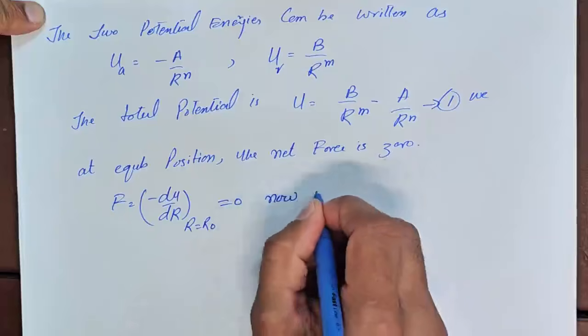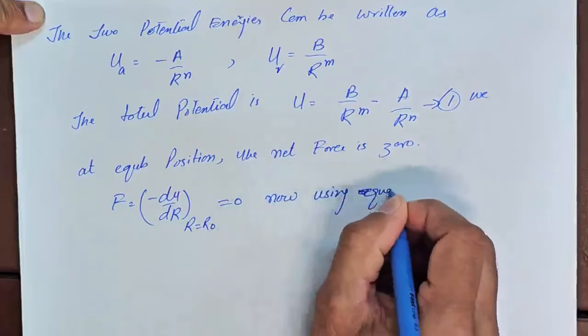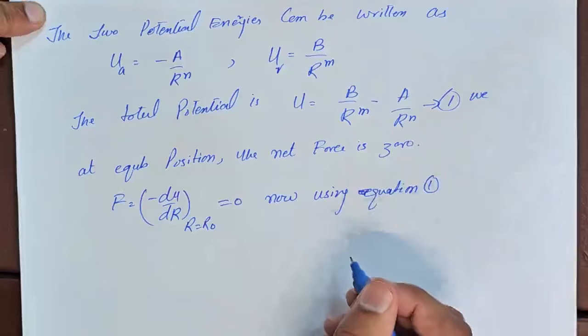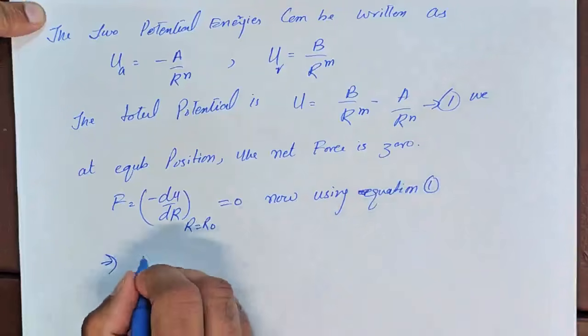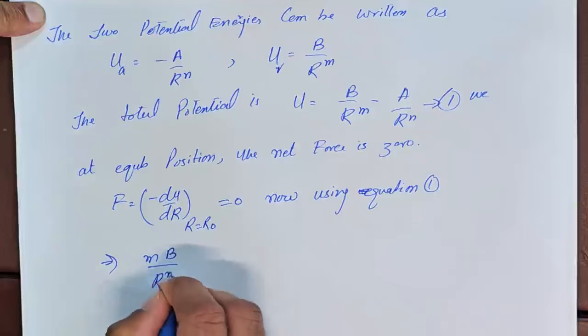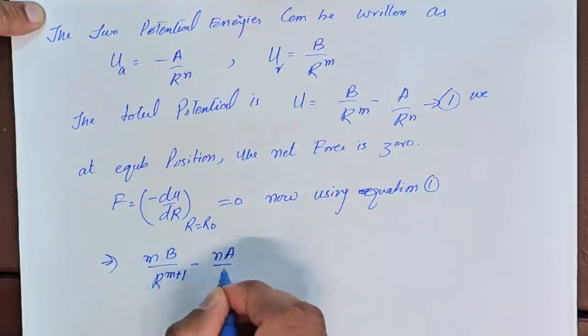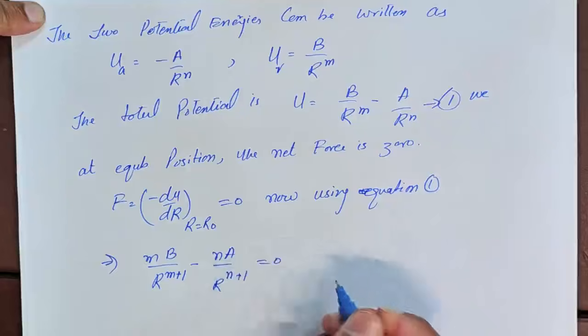Now, using equation 1 and applying the condition, we will receive mB divided by r^(m+1) minus nA divided by r^(n+1) equal to 0.